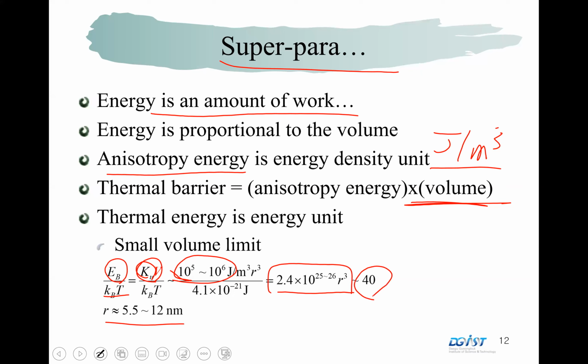So 40 means this thermal stability factor delta is kind of the limitation of the retention time. We need at least this volume to maintain the information, or the direction of the magnetisation, for a long time. But in some applications, we don't need such a long retention time. For example, random access memory.